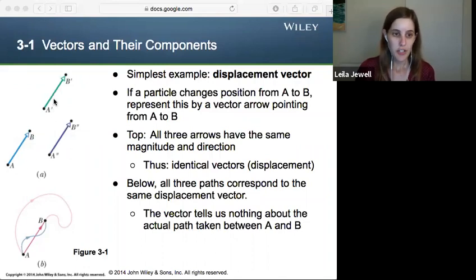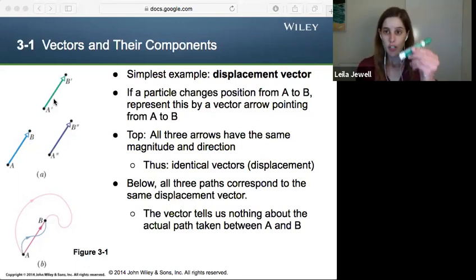And all three of these arrows actually are identical vectors because they have the same magnitude and the same direction. So we're able to freely shift our vectors. If you picture this as a vector, we can transpose it up, down, left, and right, as long as we keep the direction the same and as long as we don't change the length or the size of it.